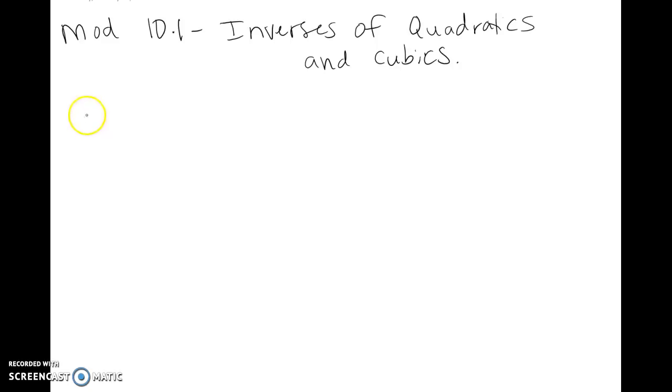So the first thing is we're going to look at a quadratic, and we're going to look at y equals x squared, the parent function. So the first thing is, what is the inverse of the quadratic? So if you recall, when we find inverses, we switch x and y.